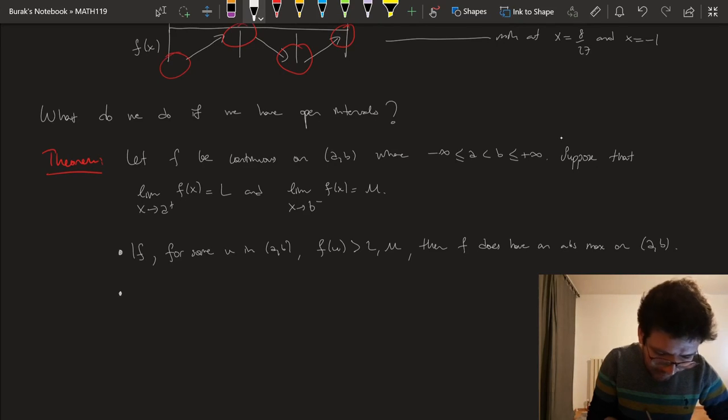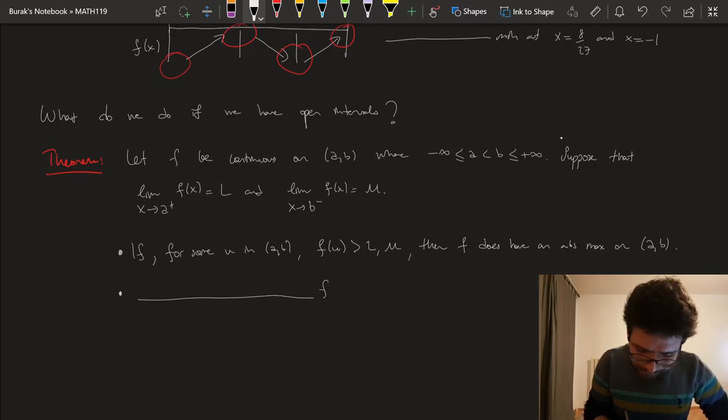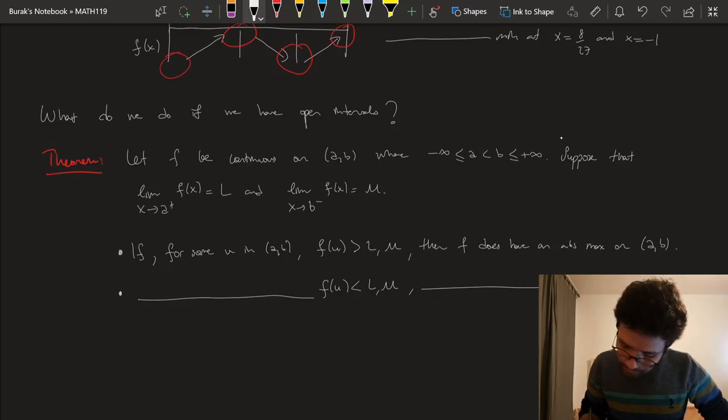And similarly, I'm just going to flip these inequalities. Then instead of having an absolute maximum, f will have an absolute minimum.